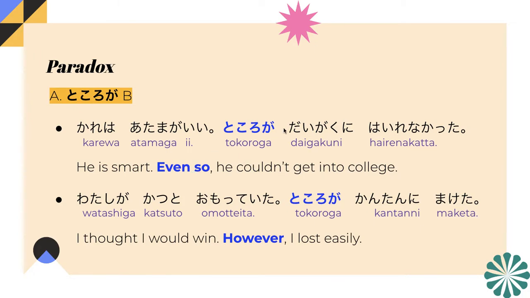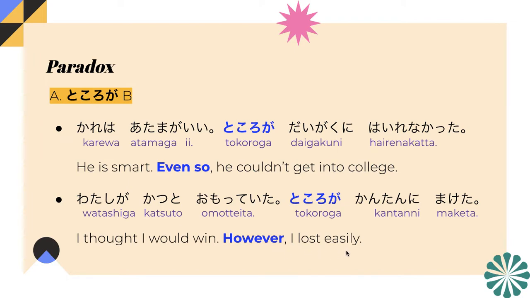Even so, ところが, statement B is he couldn't get into college. 大学に入れなかった。The next one, it says, I thought I would win.